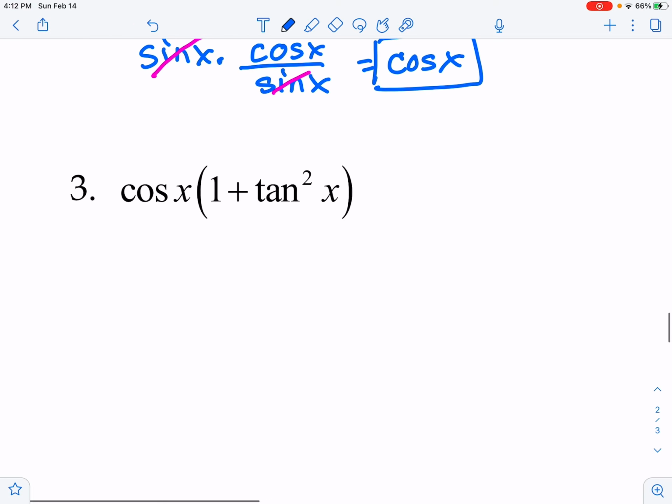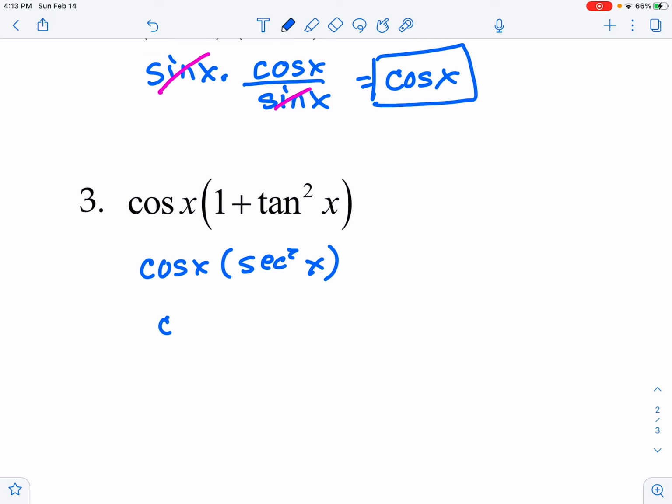Okay. All right, so 1 plus the tangent squared is the secant squared of x, sorry. I'm trying to keep the same thing, x's or thetas. Then you can replace the secant squared with 1 over the cosine squared.